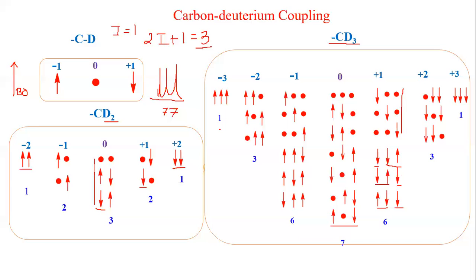The line intensities depend on this type of spin orientation, and are observed in the ratio of 1:3:6:7:6:3:1.